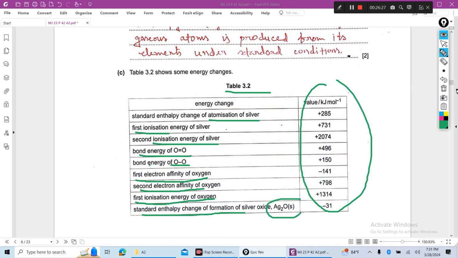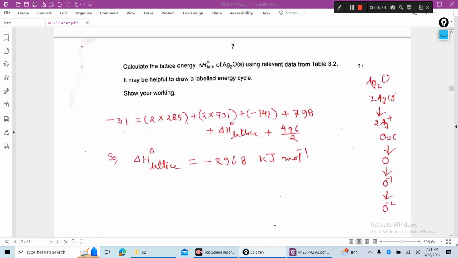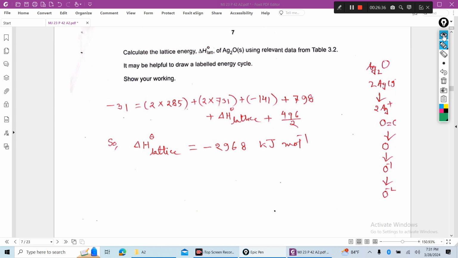These values are given. So now you are asking, calculate the lattice enthalpy of silver oxide using the above data. It may be helpful to draw a Born-Haber cycle. You may draw or may not draw, no problem, but you have to show your working. You will show your calculation.